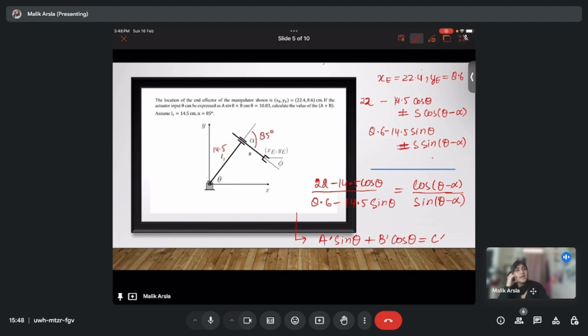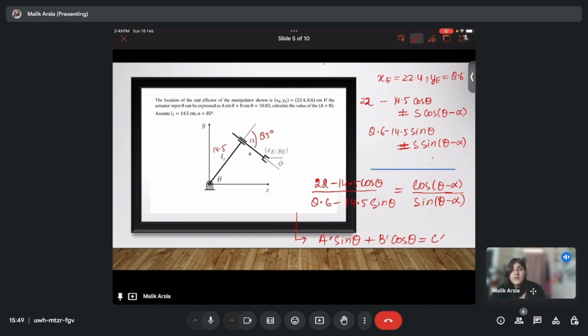Yeah, if you can. Can you please mute yourself because the voice is going echo when I speak. Okay. So if you are able to express any relation using s also, like a dash sine theta plus b dash cos theta equal to c dash, that is fine. Then we can compare these coefficients and you can get the answer.